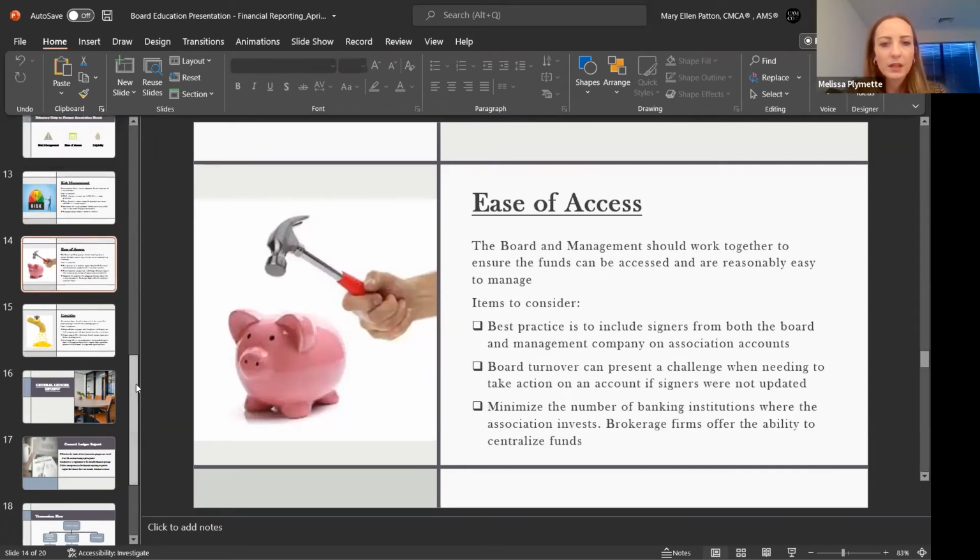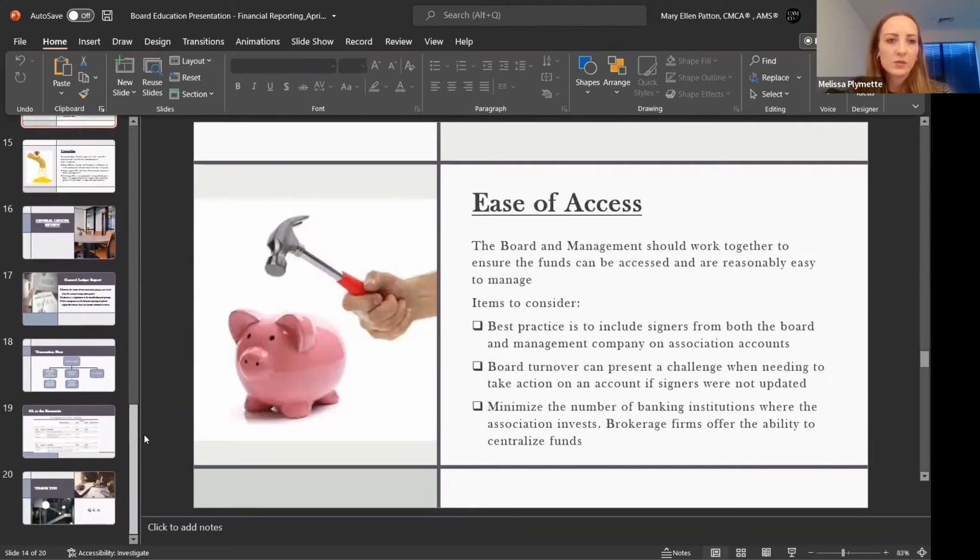Another important thing to consider when investing association funds is accessibility. While some boards prefer to fully manage their own cash, which is perfectly fine, we generally recommend that the board and management work together to help ensure that funds can always be accessed and are relatively easy to manage, in regards to opening or closing bank accounts, obtaining bank statements, and executing transactions, moving money as needed.